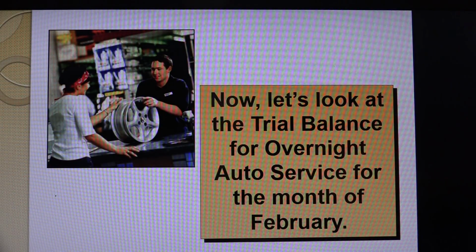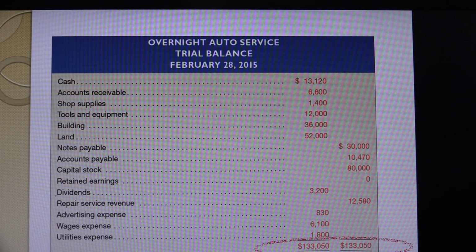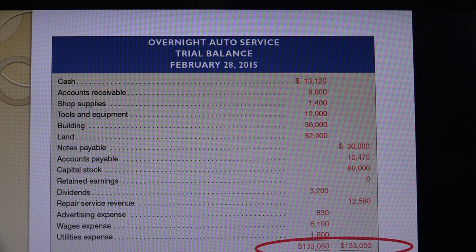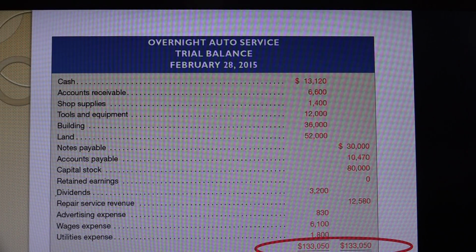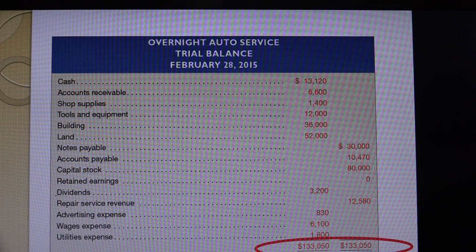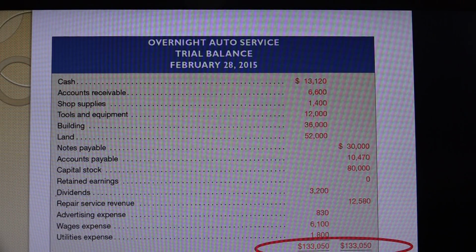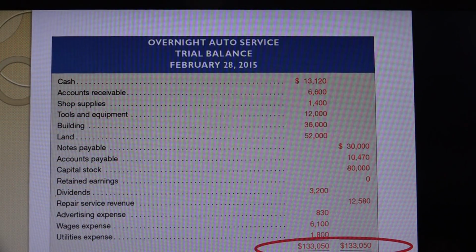After you analyze, journalize, post, you're going to prepare, usually each month as well as at the end of the year, what's called a trial balance. All a trial balance does is indicate whether or not debit accounts equal your credit accounts.